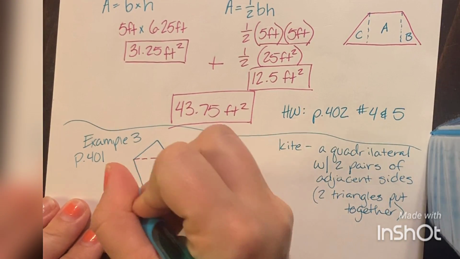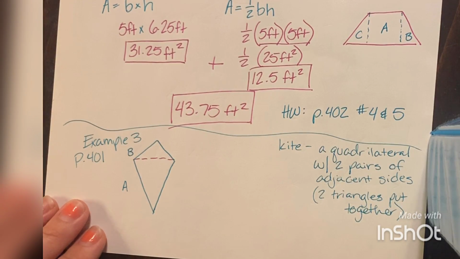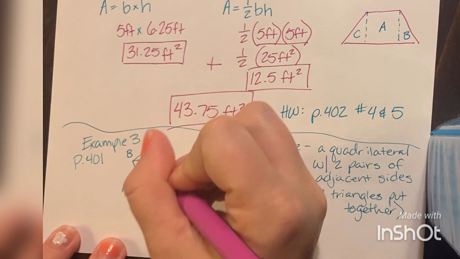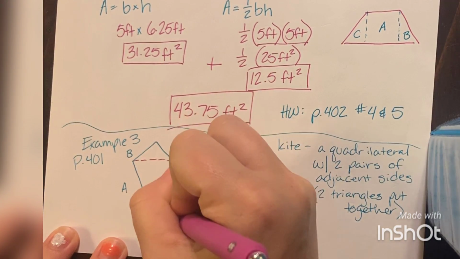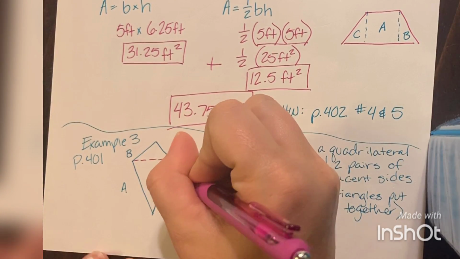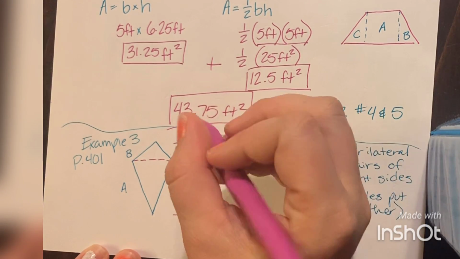We're going to find this being shape A and this being shape B. We're going to find the 2 different areas. So I'm going to go ahead and put all the measurements that they have in the book on the kite. We have 30 centimeters for the full height.